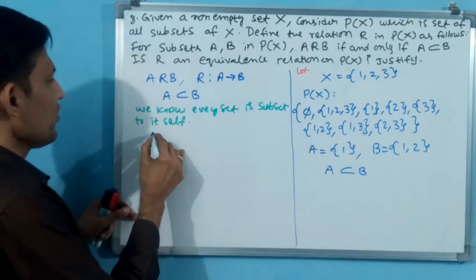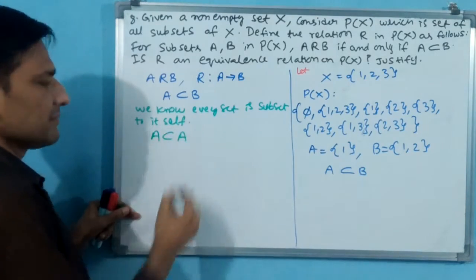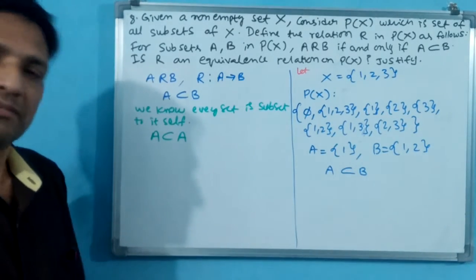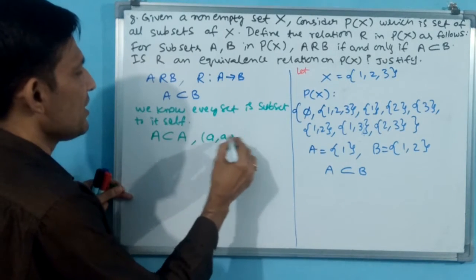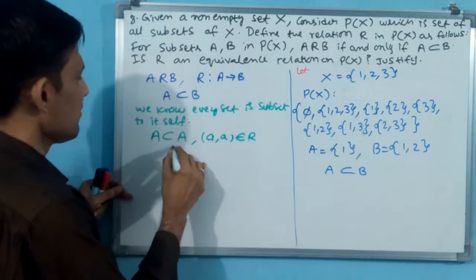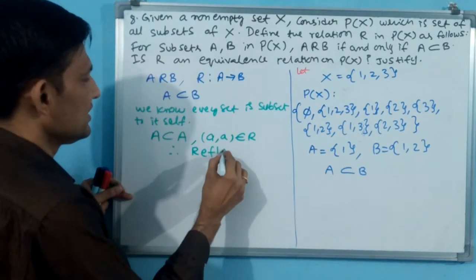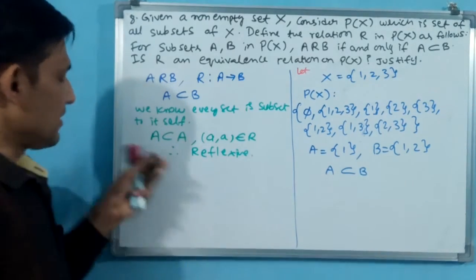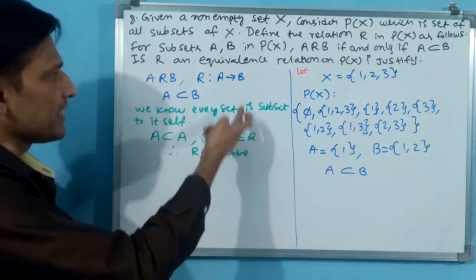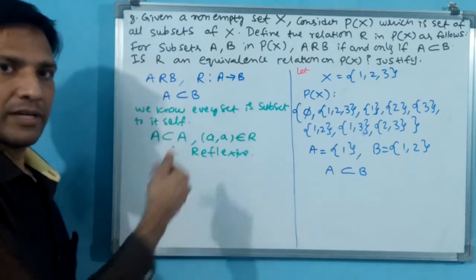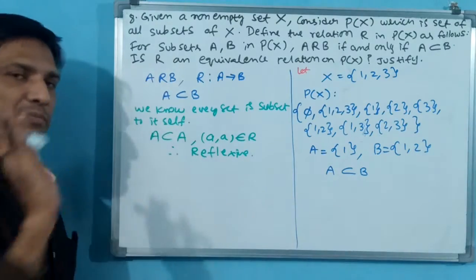Like that, A is a subset of A. Is it correct or not? Correct. When A is a subset of A, then (A, A) belongs to R, therefore reflexive. Is it correct? Definitely it is correct. Why? Because (A, A) belongs to R. Now this relation has become reflexive.